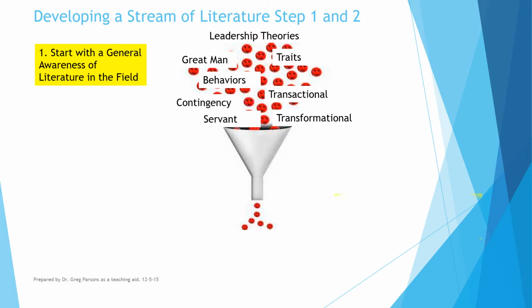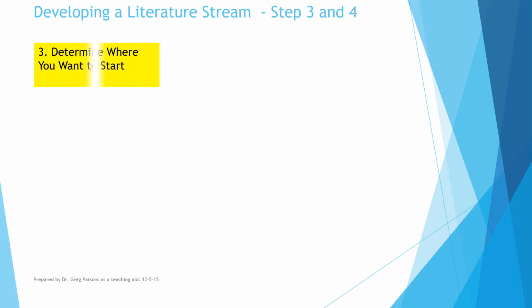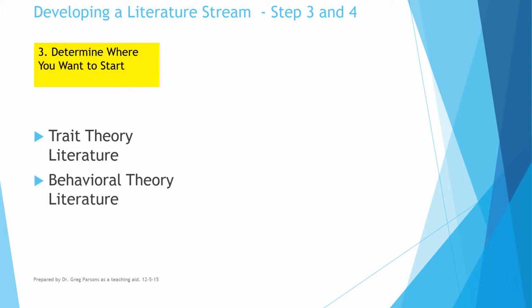So as we go through our funnel, we end up saying we're going to work on something called leadership competency theory. Okay, out of this whole group of theories, we're going to end up with this. So now that we've focused down, how are we going to develop our stream of literature related to competency theory? And if you trace the literature back on competency theory, you see that it originated with trait theory and behavioral theories. Okay. That's where the idea of competencies comes from.